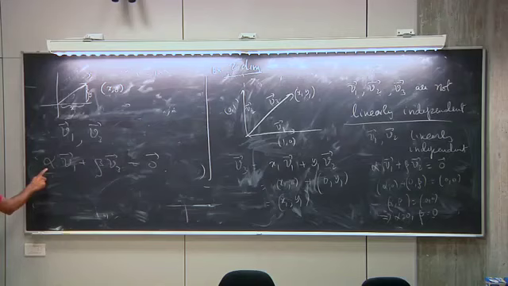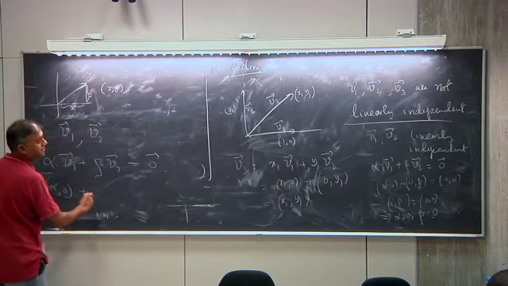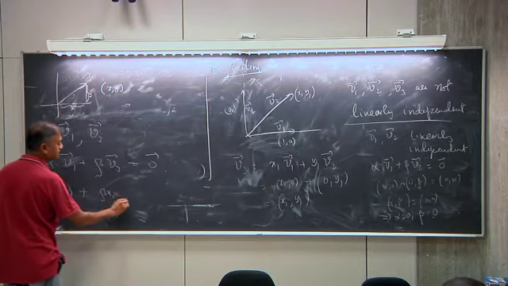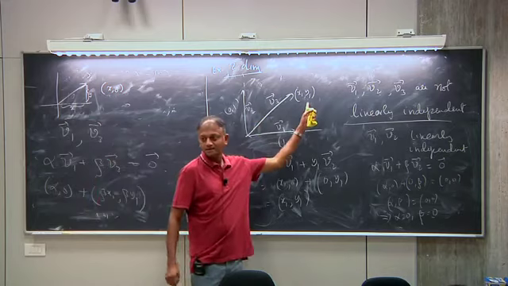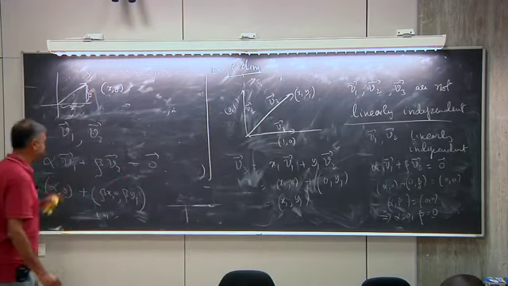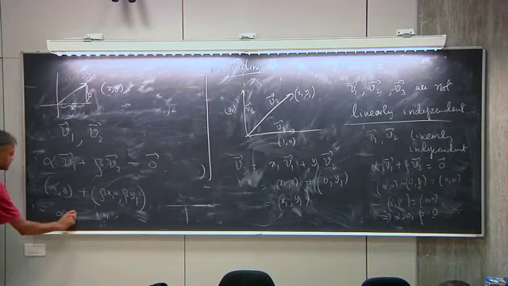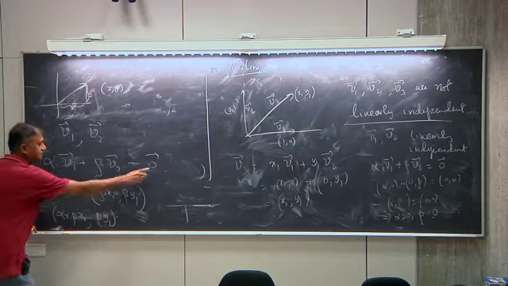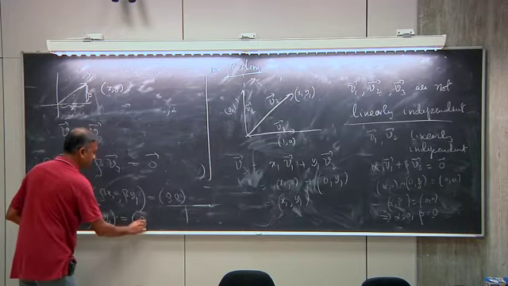So this is alpha, 0, and V3 is beta x1, beta y1. Let's add them up. So you get alpha plus beta x1 comma beta y1, which is equal to the null vector, with components 0, 0.